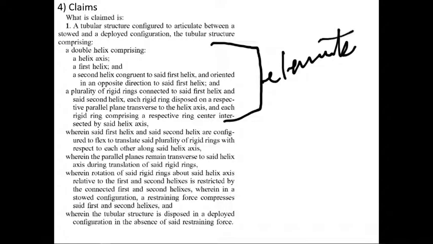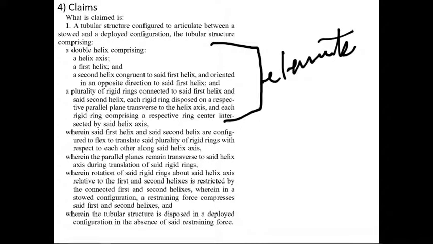So if we look at the first claim here, we can see that the claim starts out with this little preamble, a tubular structure configured to, okay? And then it has this transition word, comprising, and that tells you what it is made of, and it lists then some of these elements of the invention.